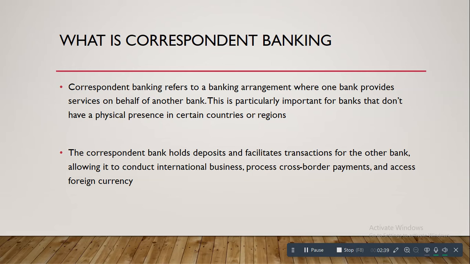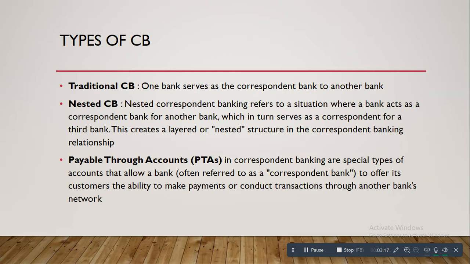I am happy with Bank A's services, so I would like to continue my services with Bank A. In this case, if Bank A has a correspondent banking relationship with, say, a Bank C, then I will get all these services through Bank C via Bank A. So that's why it also helps in customer satisfaction. I hope you understood what correspondent banking in general means.